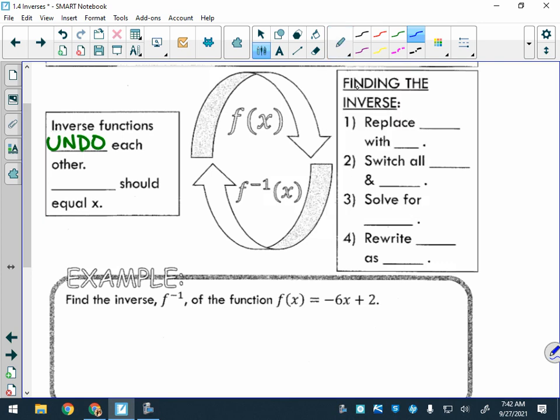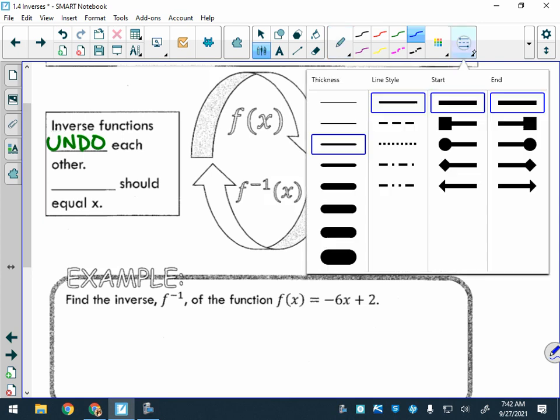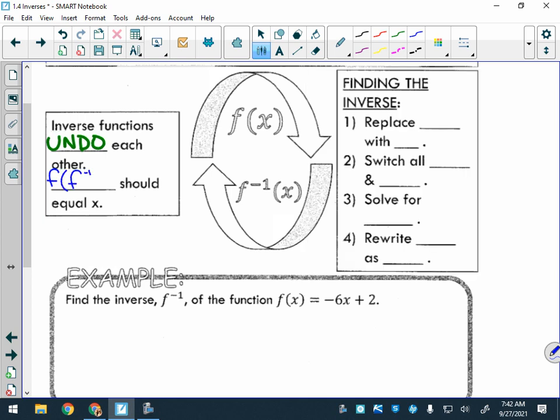So, some notation that might look familiar to you is f. We're still going to use this type of notation. Here is our original function, and this would be our inverse function.